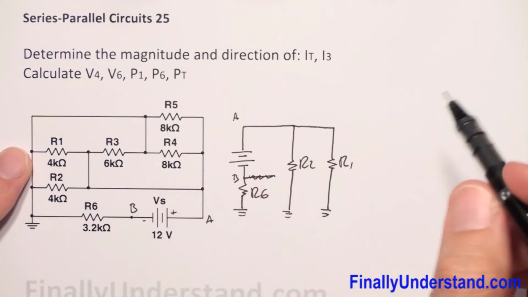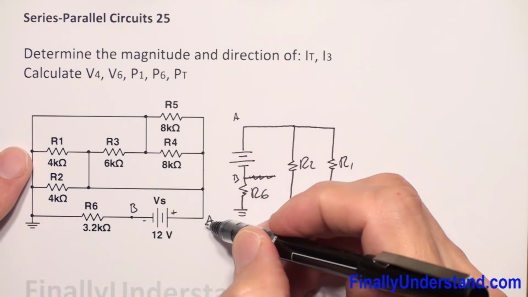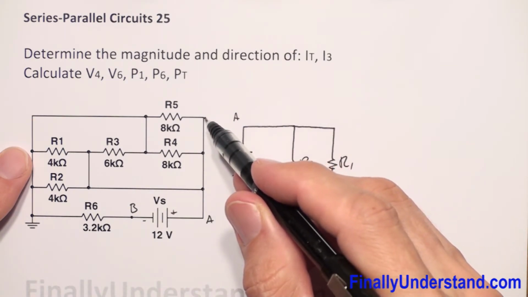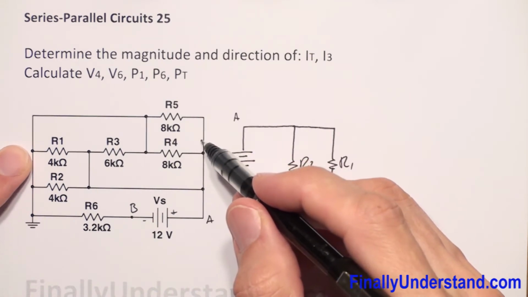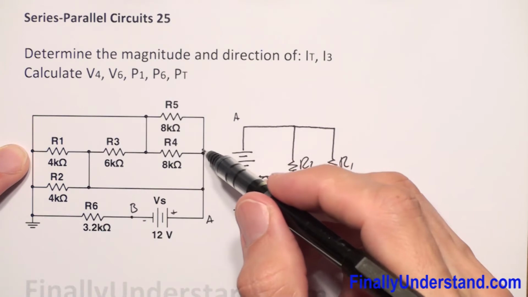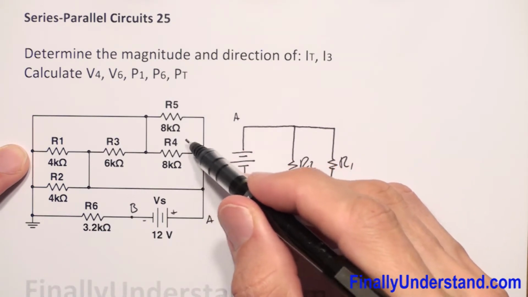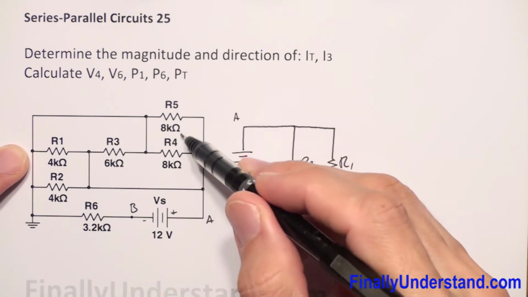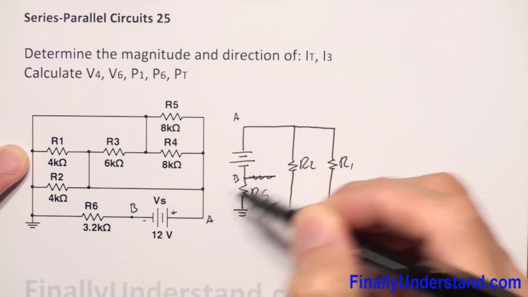So let's take a look at what happened next. We have resistor R5, and we have resistor R4 also connected to terminal A, right?